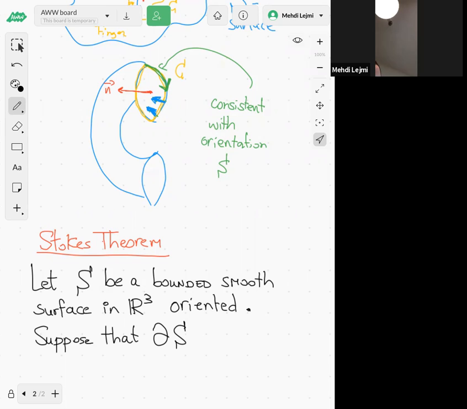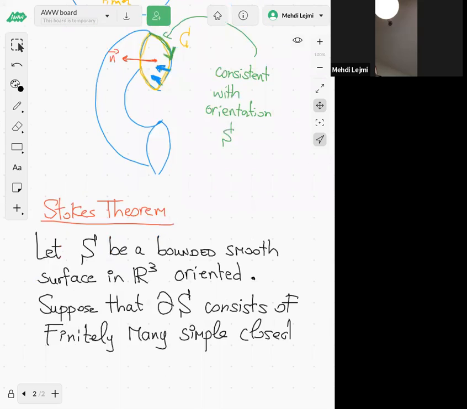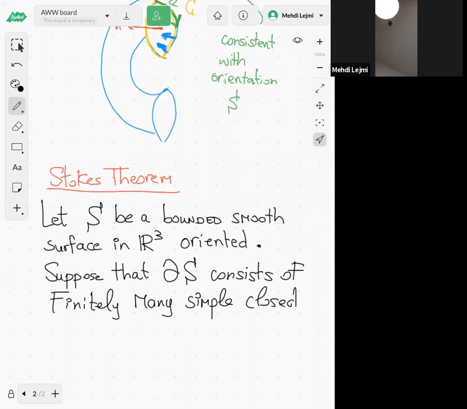It consists of finitely many simple closed curves.